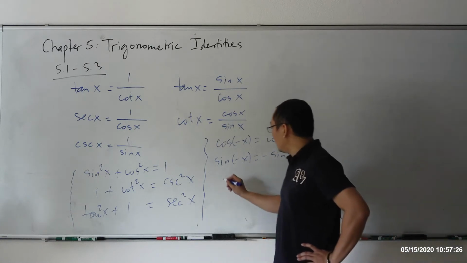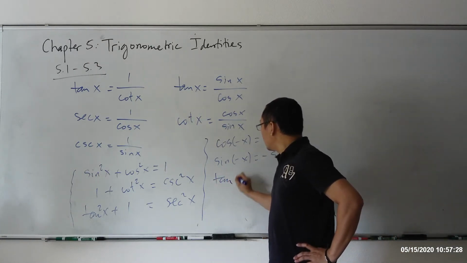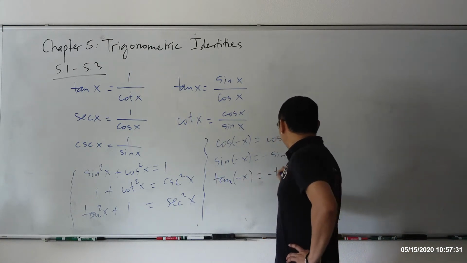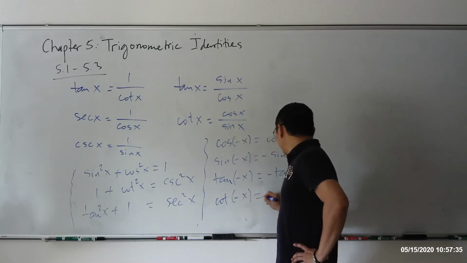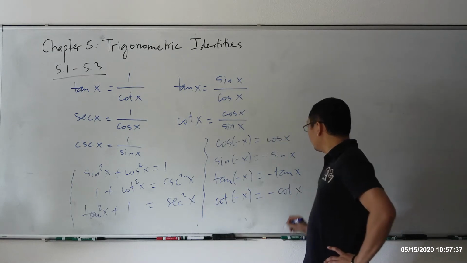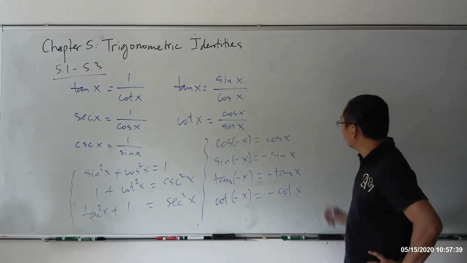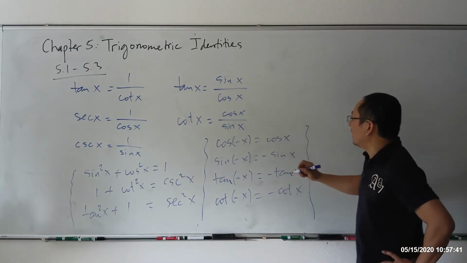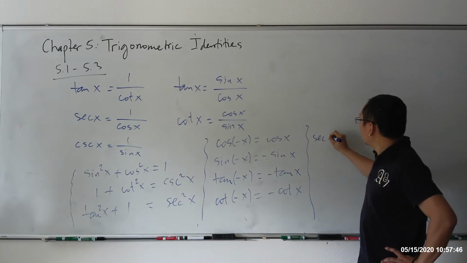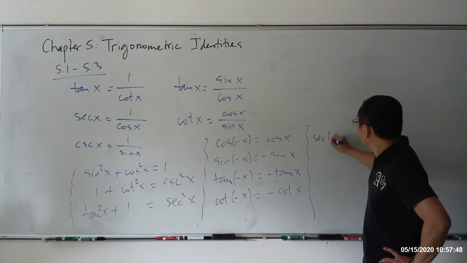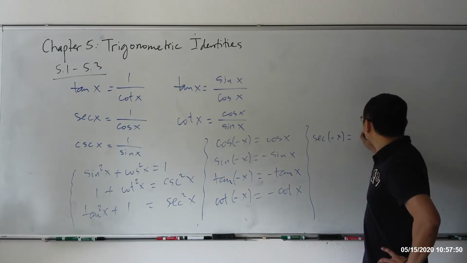Tangent and cotangent are both odd, so tangent of negative x equals negative tangent of x, and cotangent of negative x equals negative cotangent of x. Secant is the reciprocal of cosine, so it's even: secant of negative x is equal to secant of x.